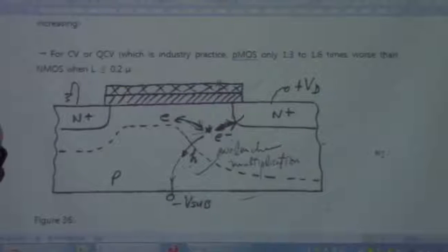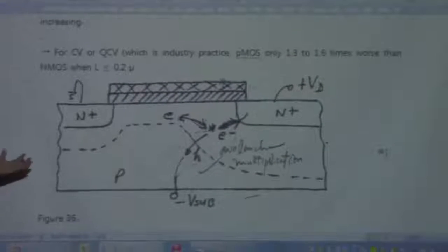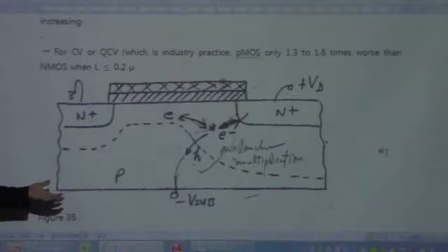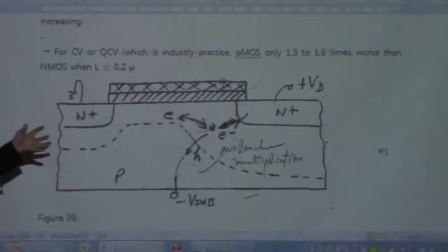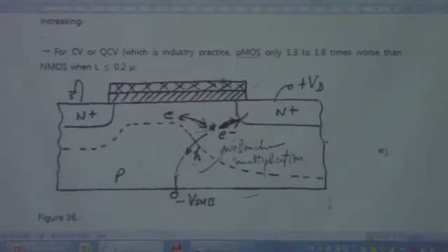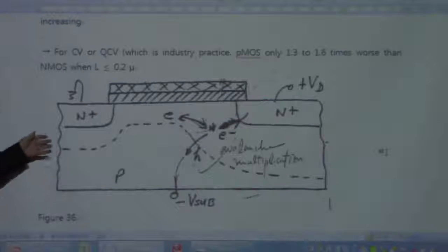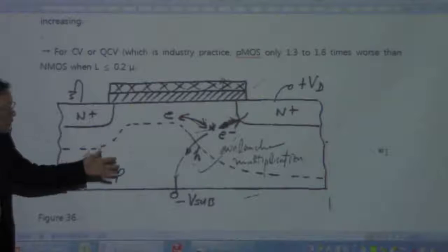Now, we have to take another thing into account when you make a comparison between NMOS and PMOS after the scaling down. That is impact ionization.